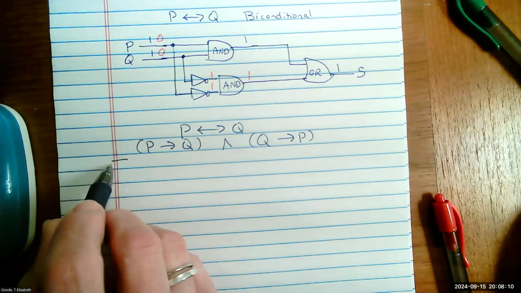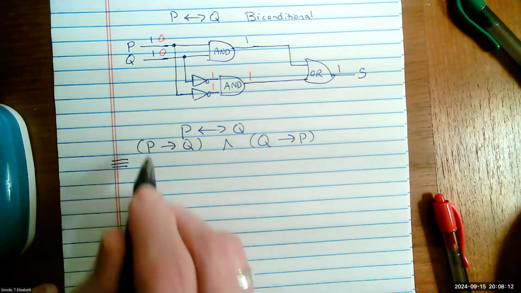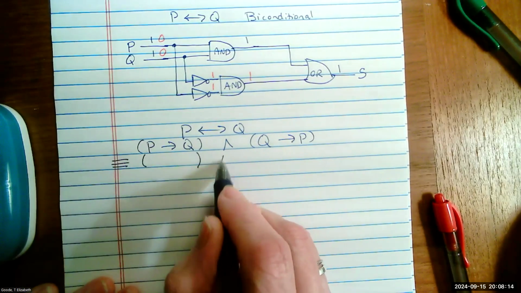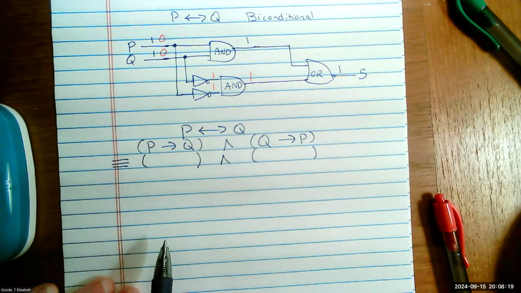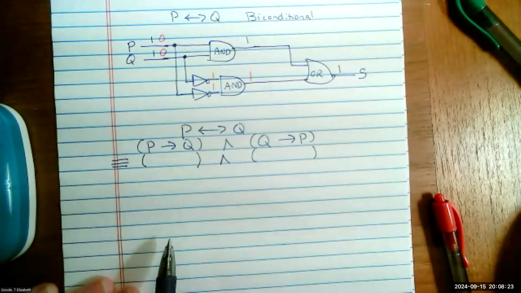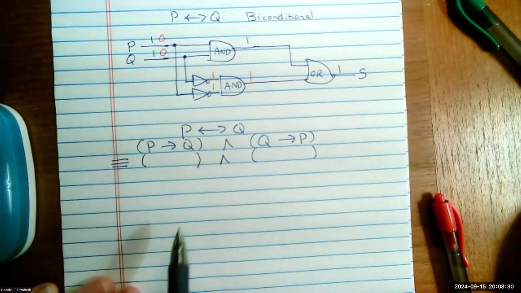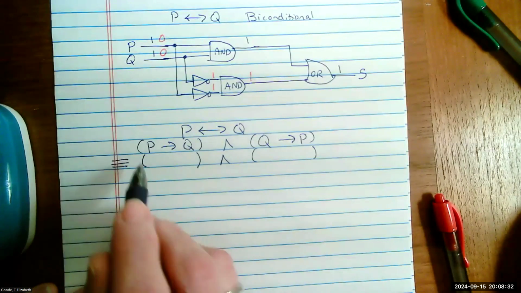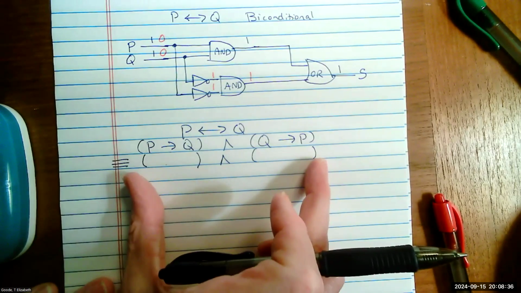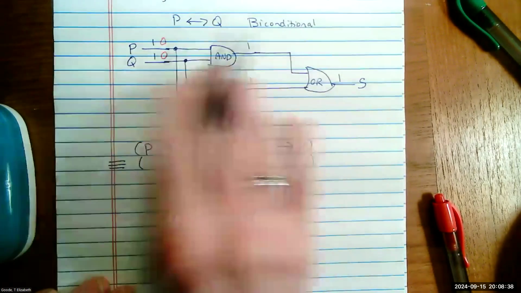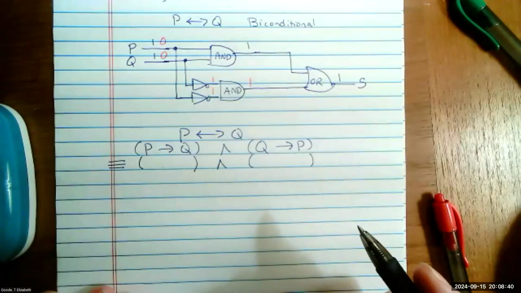If you look at our if P then Q document, there's an equivalent way to write each of these as an OR statement. Flipping back to my notes here, sorry. But you can write them both as an OR statement, and then you'll have a Boolean expression that you could build a different circuit for, but it would still be the right circuit.